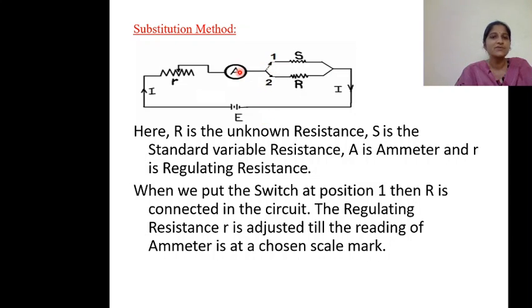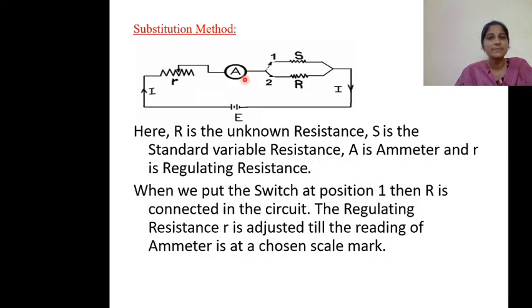Suppose you have set it to 1 ampere, and next you move the switch from position 2 to position 1. When you move to position 1, the resistance S is connected in the circuit. Now you need to adjust so that the same current flows through the ammeter. Previously you set it to 1 ampere, so now also you vary the regulating resistance and set it again to 1 ampere only.